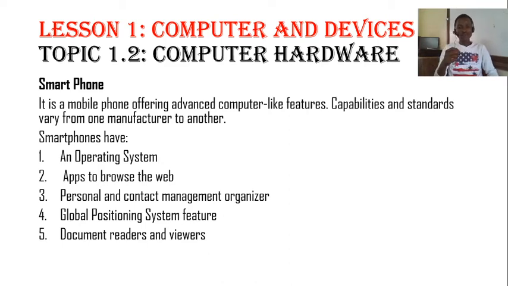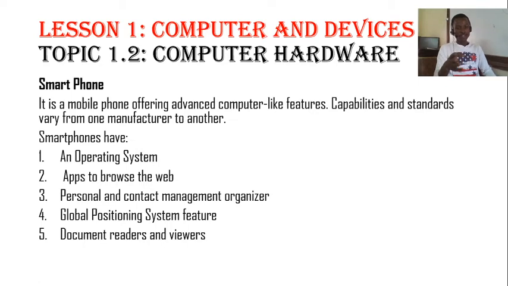I don't know if you understand me. So basically what I mean is, for example, we can have an Oppo phone that takes better photos than an Infinix phone. I hope you understand what I mean. So depending on the manufacturers, standards can vary.